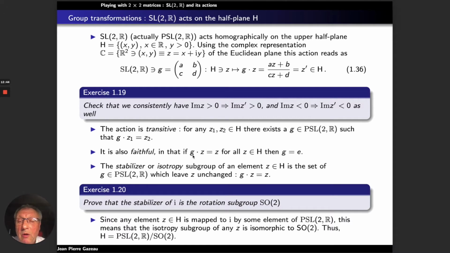And we call stabilizer, or isotropy subgroup, of an element Z in the upper half plane the set of elements in PSL2R which leave Z unchanged. Okay?